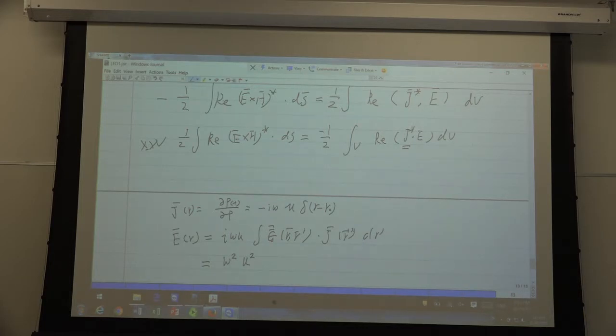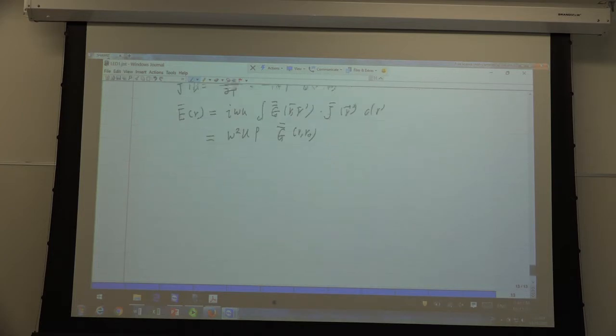No, it's not mu. I call this a little bit confusing, so let me use another notation, better. Call it P. So it's omega squared mu P times the Green's function at R0. This is something we get.